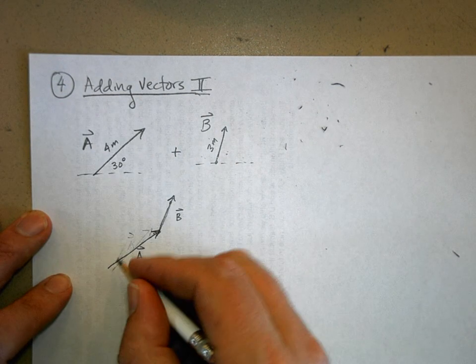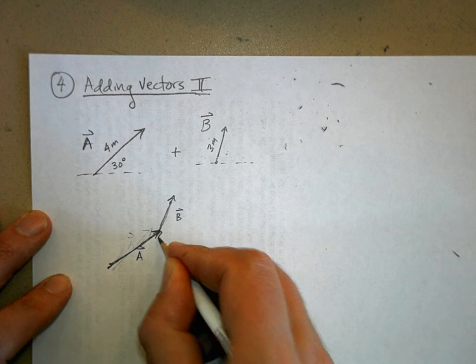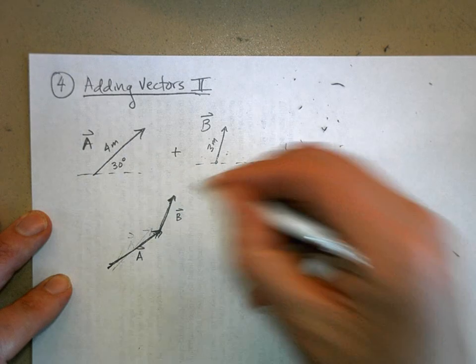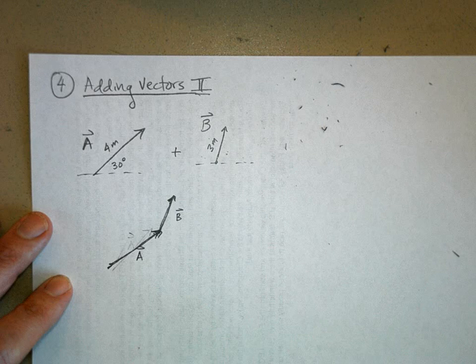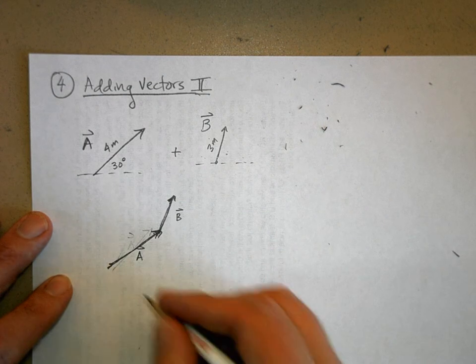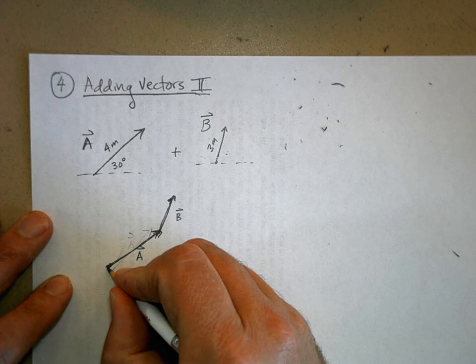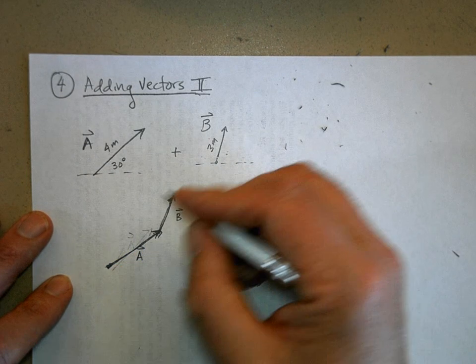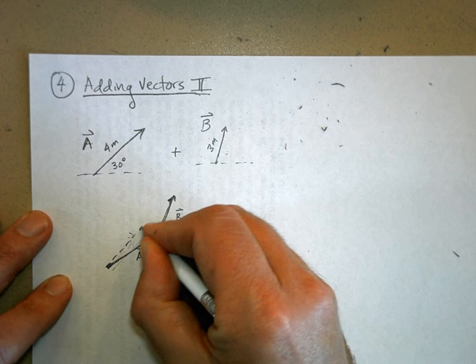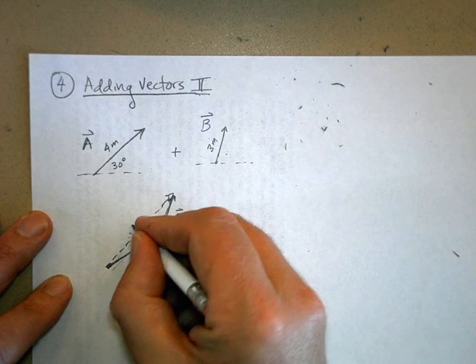So here's vector A plus vector B. It's exactly what we did before, isn't it? Now what's the answer? Well, the answer is the result of this. You start where A started, you end where B ends. And there's your vector R, like that.